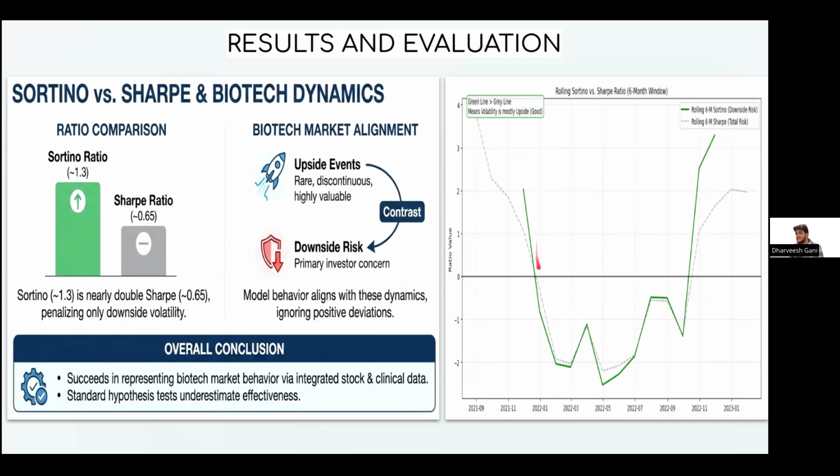We see that the green line, that is the Sortino ratio, is constantly above the Sharpe ratio. We see that the high volatility that we got by investing following this model was mostly due to the upside volatility, which is not bad, which does not hurt the investor.